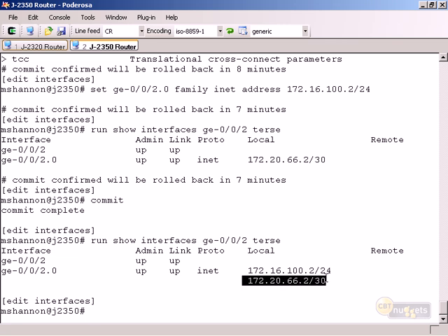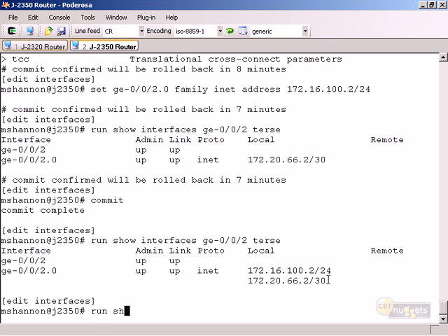And by the way, this is often a troubleshooting issue that we run into. You accidentally assign another IP address to an interface, because unlike other platforms, it's not going to bark at you if you try to add another IP address on it.